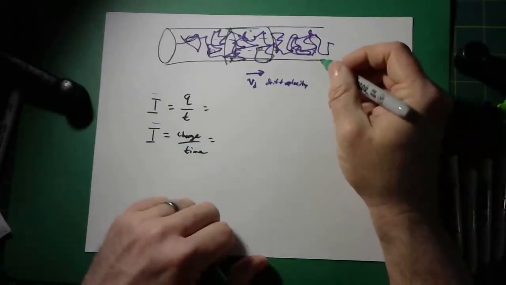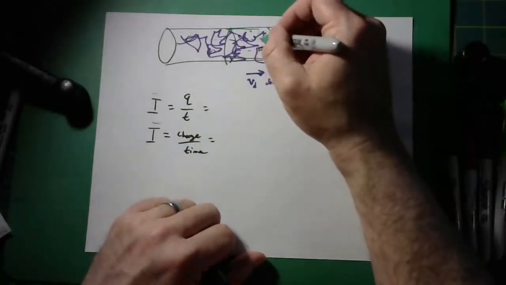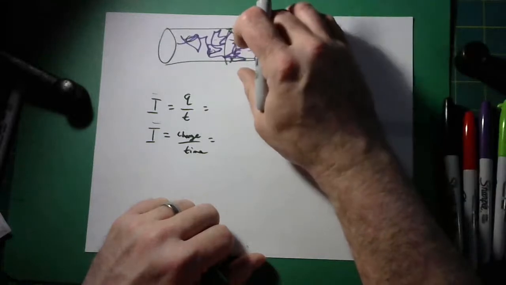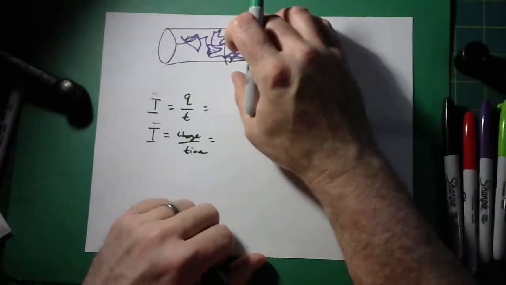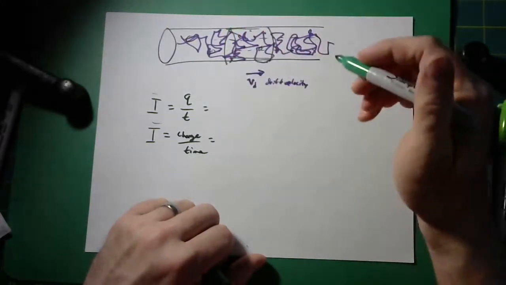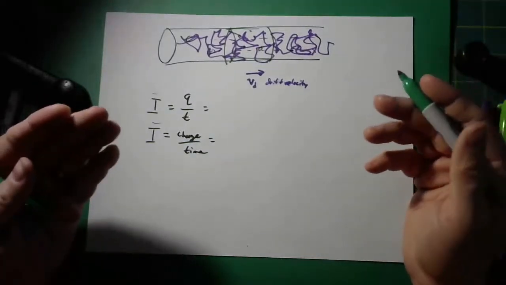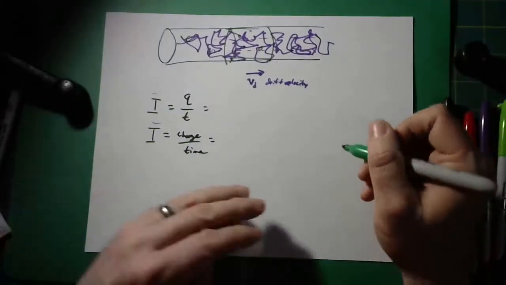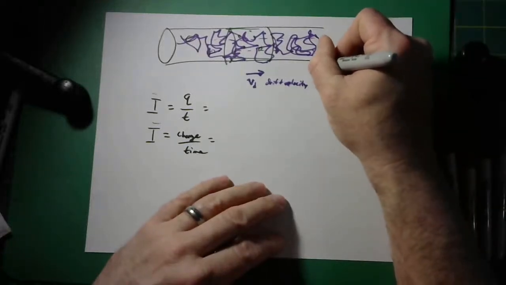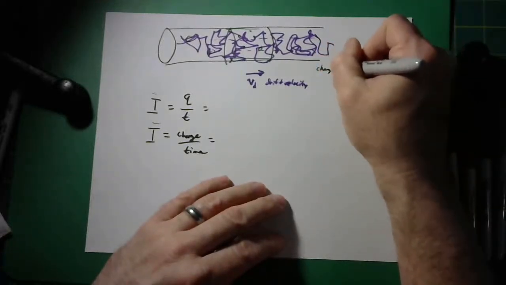Now, what I'm going to say is that in a particular volume, a particular amount of this material, there'll be a certain number of charged particles. These charged particles we call charge carriers. So charge carriers are what we call these charged particles.